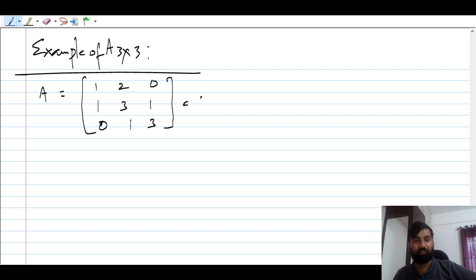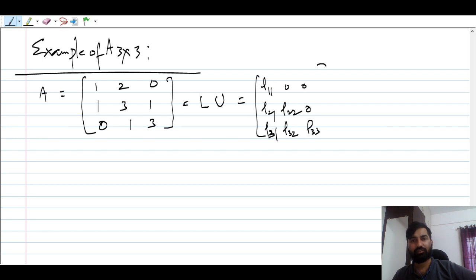So there are two formats, okay? Like L can be expressed like this: L11 0 0, L21 L22 0, L31 L32 and L33. I hope this makes sense. यहाँ पर number of elements which are unknown in L, right?